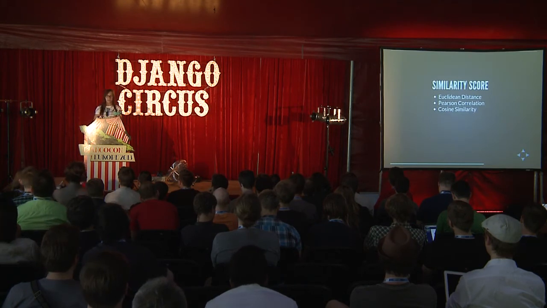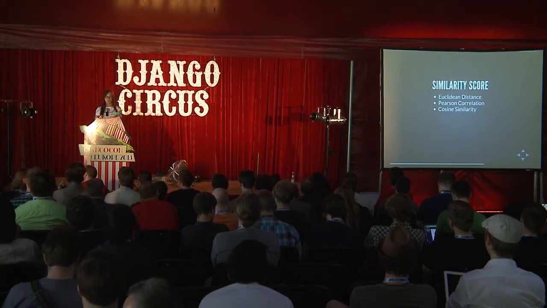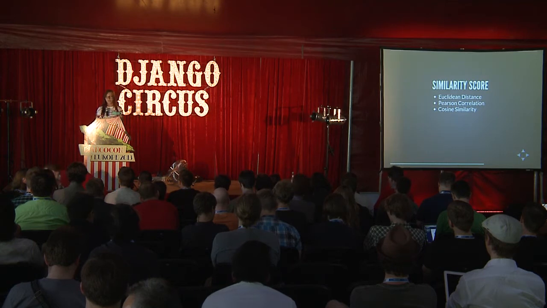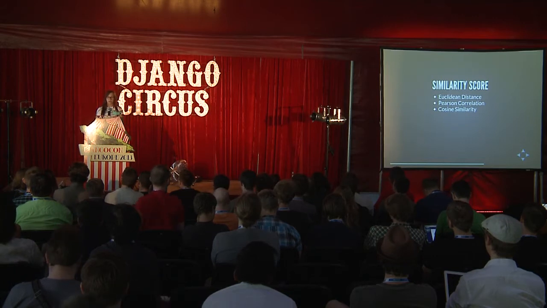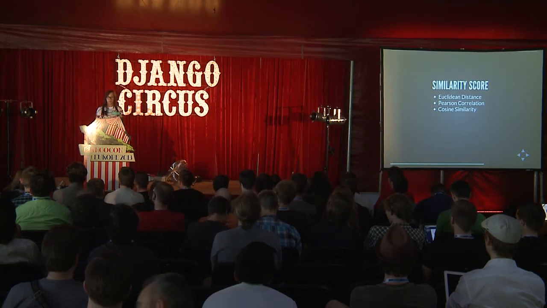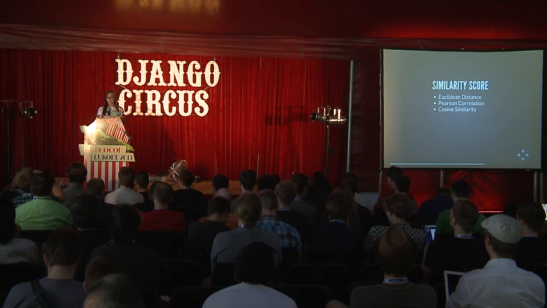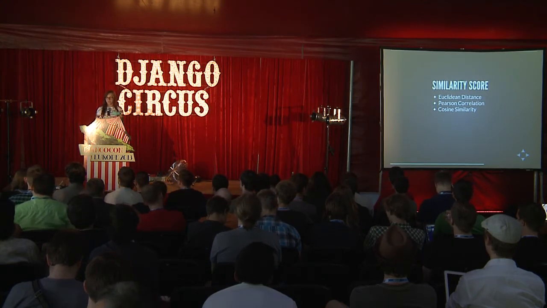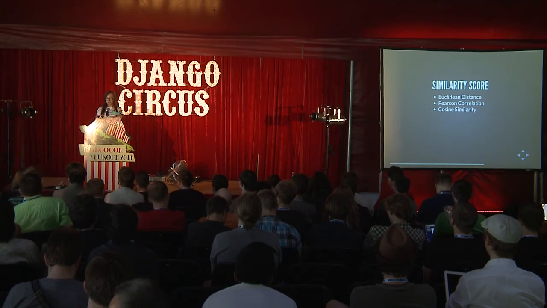Similarity score can be defined in many different ways. It's probably all this boring maths and probabilistics and so on. I will tell you about the most commonly used: Euclidean distance, Pearson correlation, and cosine similarity.